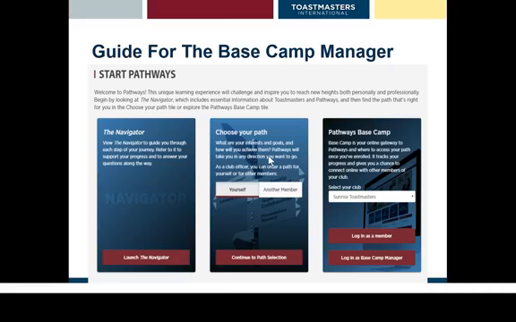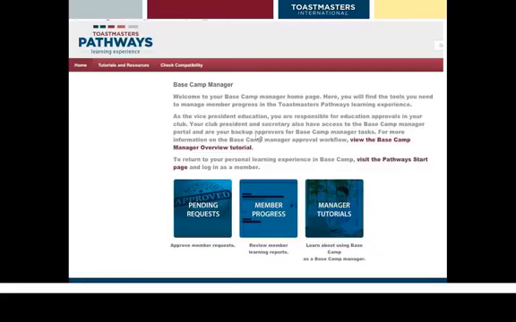This part is all about the VP, Vice President of Education, and the President and Secretary. So how do you go about submitting a member's project? First, you need to log in as a Basecamp manager. Then once you log in as a Basecamp manager, there'll be a display for you like this.